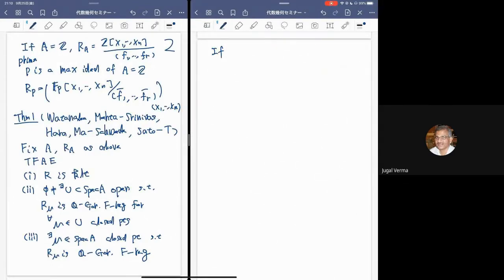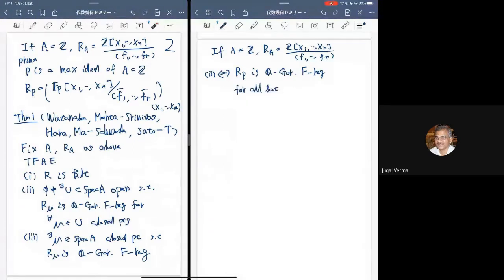So let me explain the baby case, which means that A is equal to Z and R_A is the quotient of a polynomial ring over Z. In that case, the second condition is equivalent to saying that R_p is Q-Gorenstein F-regular for all but finitely many primes.